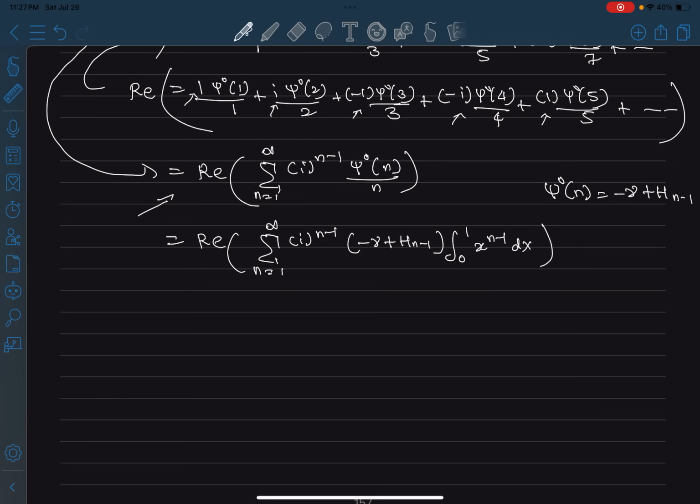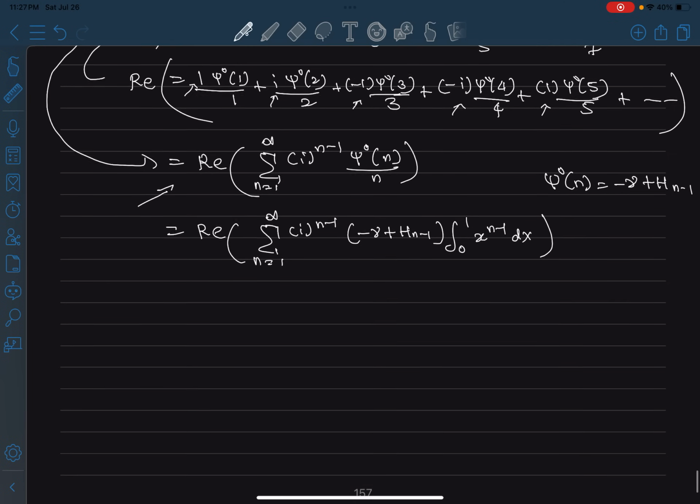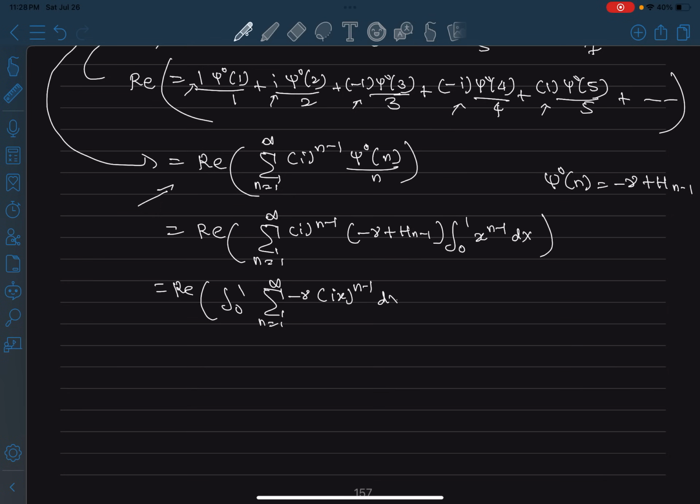And yes, there's a reason for that. Now I can write this as the real part of the integral from 0 to 1 and sum from n equals 1 to infinity. This now becomes minus gamma times (ix) to the power n minus 1 dx, plus the integral from 0 to 1 sum from n equals 1 to infinity of H_(n-1) times (ix) to the power n minus 1 dx.